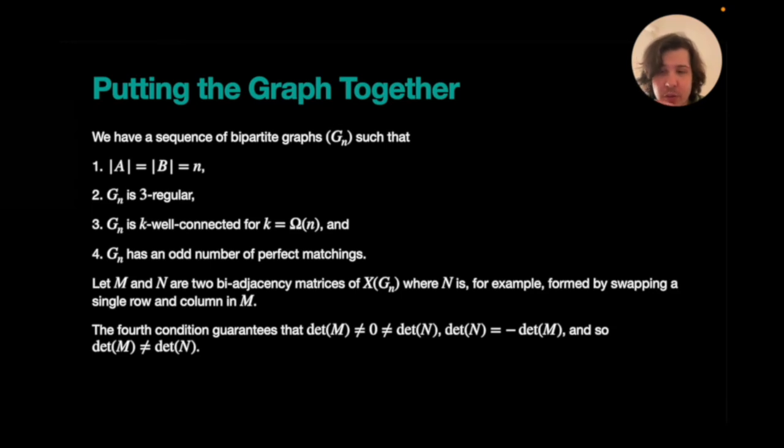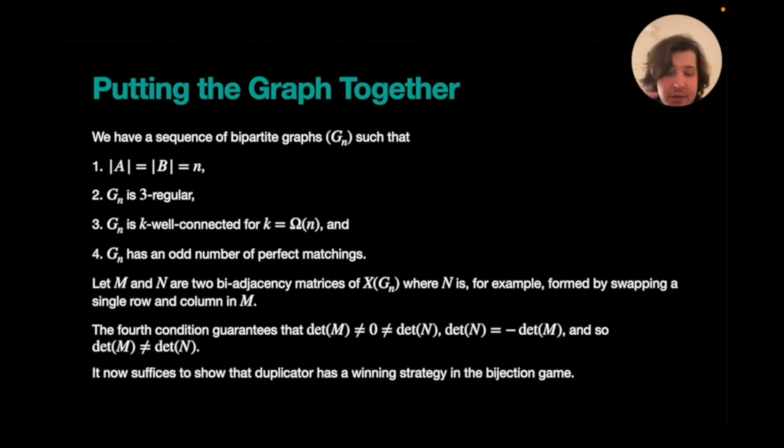What this fourth condition guarantees is that the determinant is non-zero for both M and N. But of course, M and N have inverse determinants, and so therefore they have non-equal determinants. So now we have a family of biadjacency matrices, or ways of representing these graphs, that have different determinants. And it now suffices to show that duplicate is a winning strategy in the bijection game.